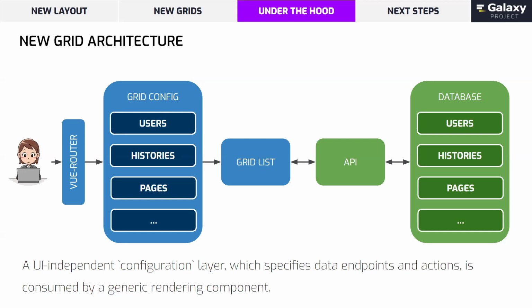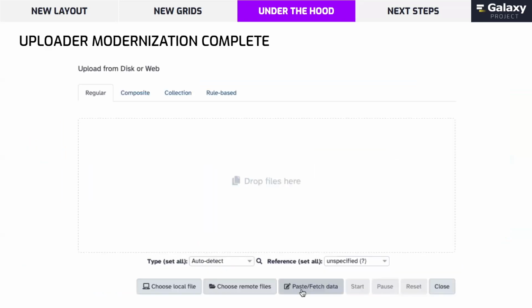And then this generic, UI-independent grid configuration is consumed by the grid list component, which renders the grid and then facilitates the interaction with the API. So it sorts, requests the data, requests filtering, and operates on the data through a unified interface.